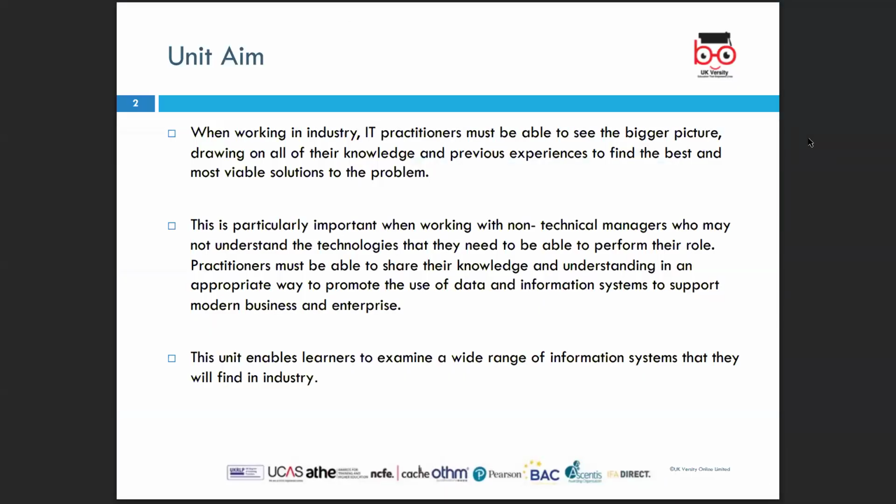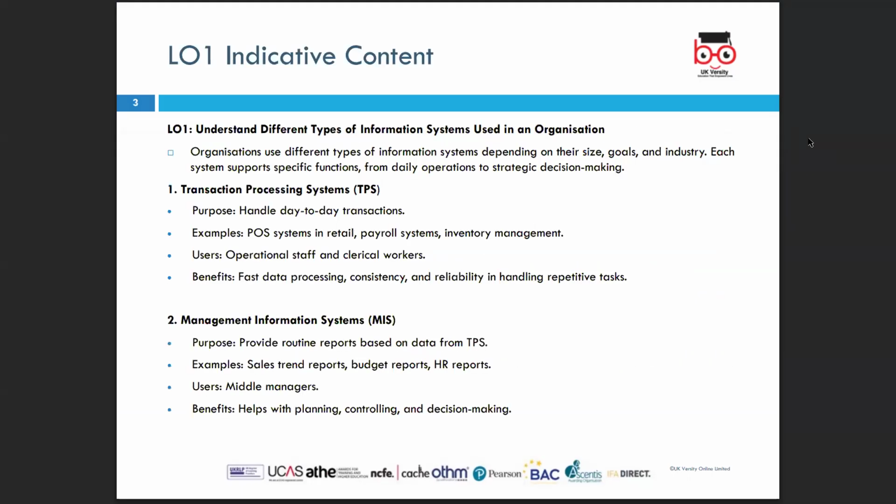So what is our unit aim? We've summarized it right now, and we'll now have a look into these technologies. From our learning outcome, we're now going to understand different types of information systems used in organizations.